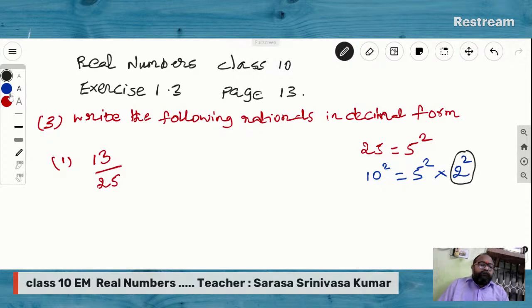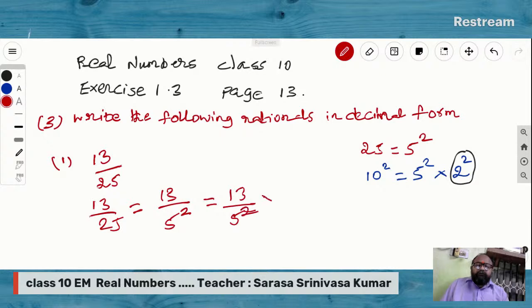So the given problem can be rearranged as 13 by 25 equals 13 by 5 square, equals 13 by 5 square multiplied by 2 square by 2 square.